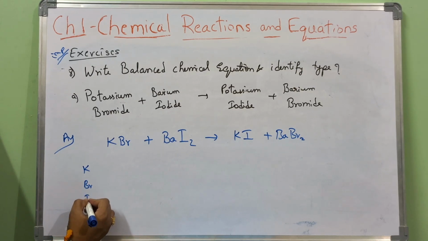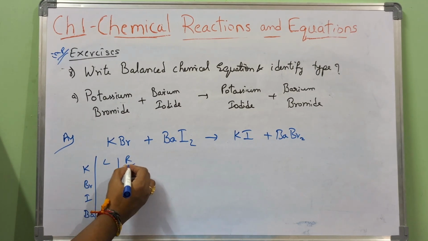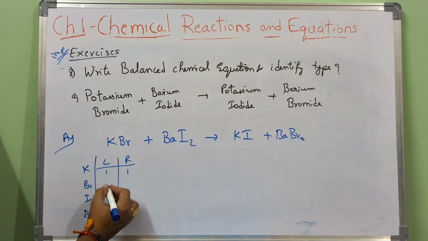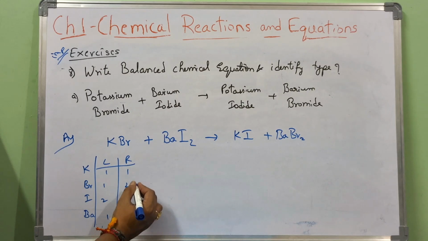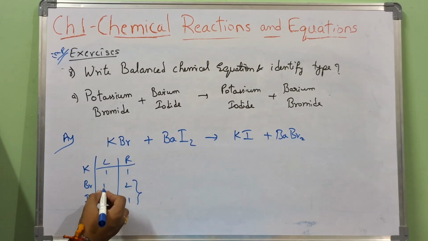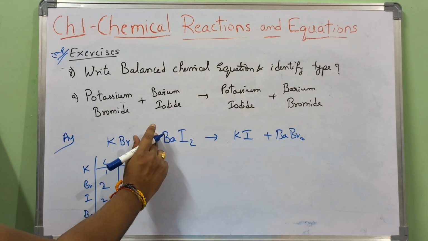Potassium, bromine, iodine, and barium. LHS, potassium 1 and 1, bromine 1 and 2, iodine 2 and 1, barium 1 and 1. Barium is balanced, whereas these 2 are not balanced. So let's multiply 2 first for bromine on the left side.